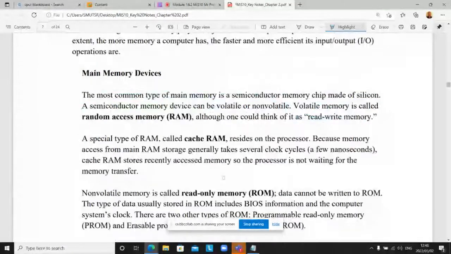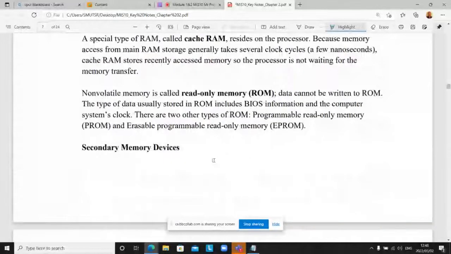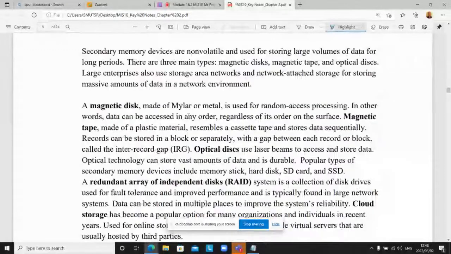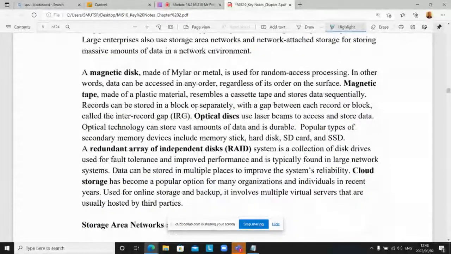Main memory devices, RAM, cache RAM, secondary memory devices, magnetic disk. They're just talking about a hard disk here. It uses magnetism. Don't worry about optical disks. Don't worry about redundant array of independent disks. If you do want to know what that is, it is a collection of hard drives that you put together.